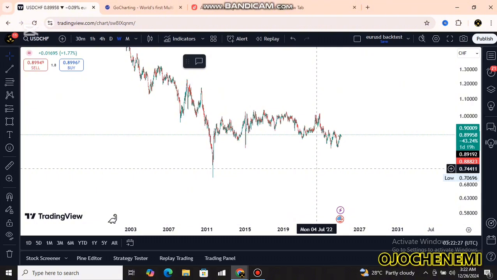Once you spot where you are going, then you zoom in. You are not zooming everywhere anymore, you are zooming to a particular direction. So that's what the top-down analysis or the higher time frame is helping me do here.